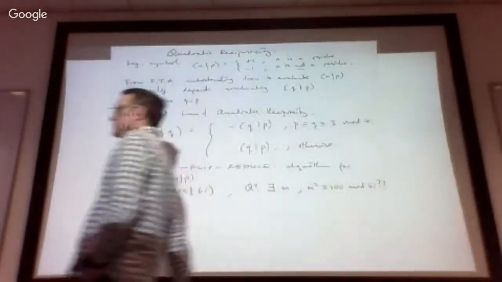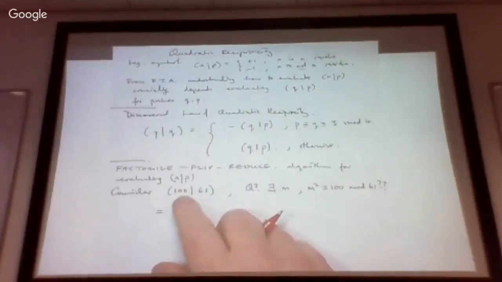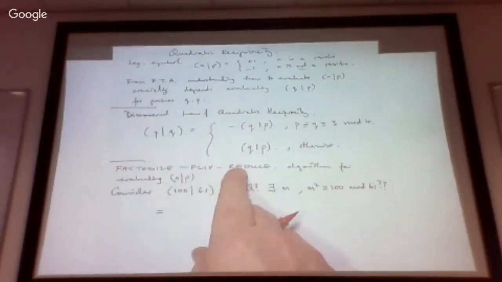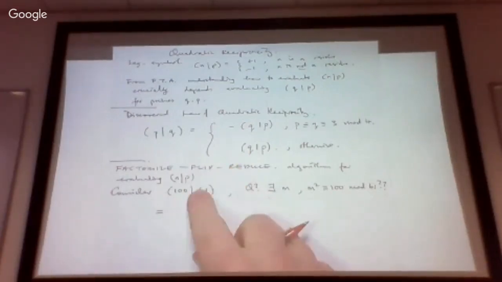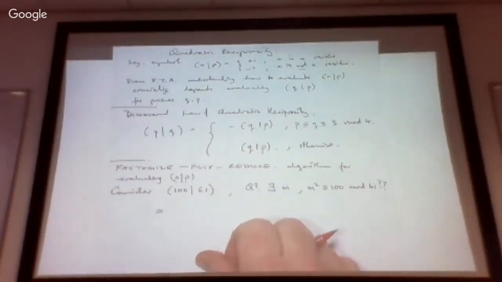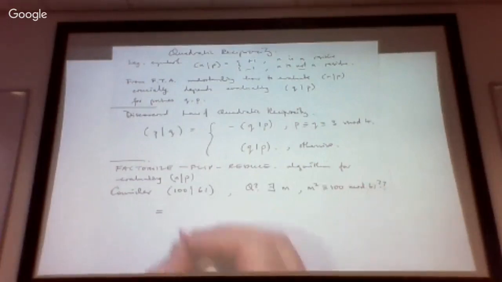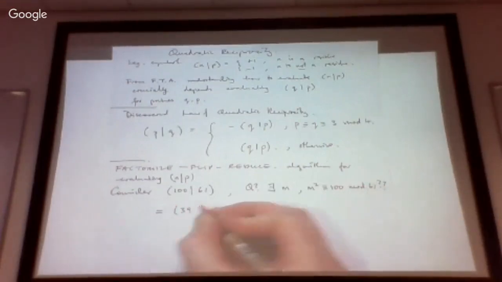Reduce. You start wherever is appropriate. We could factorize at this point, but I think it's better to reduce because we can. Really it's a question about the congruence class of 100 modulo 61. So it looks slightly simpler like this.